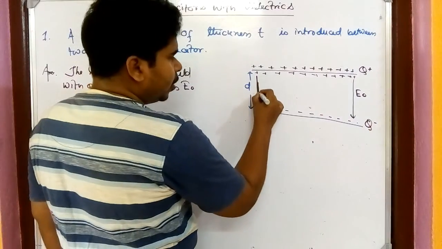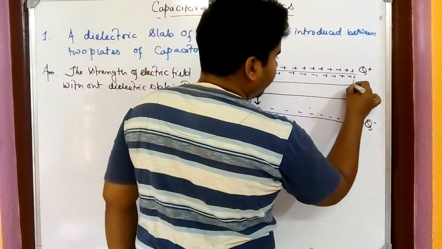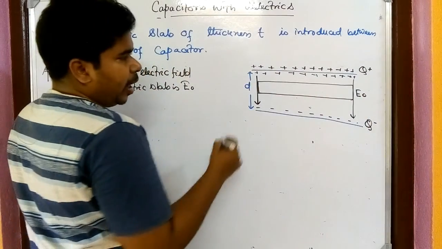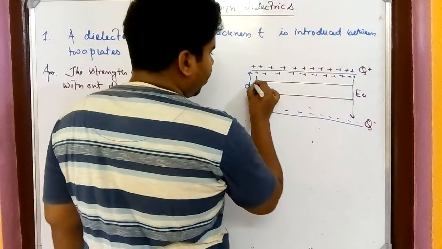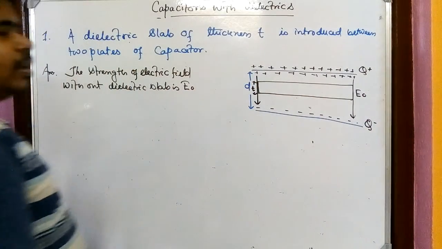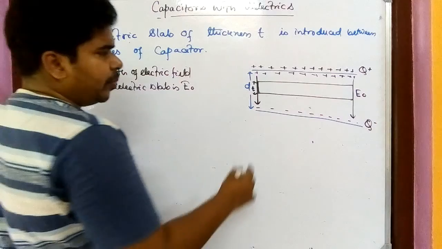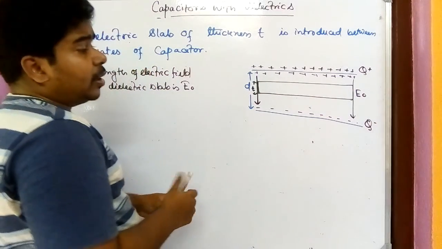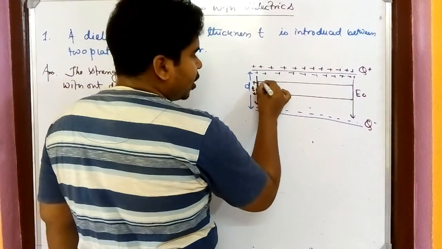Now what have we done? We have introduced a slab of dielectric, right? And the thickness of the dielectric slab is mentioned as small t. Due to this, we know that in the dielectric slab the negative and positive charges will separate.